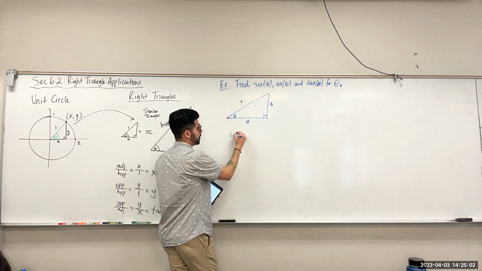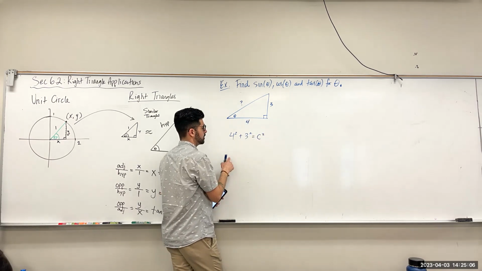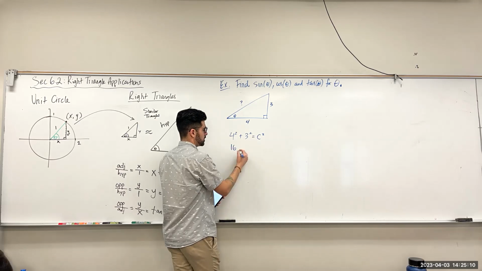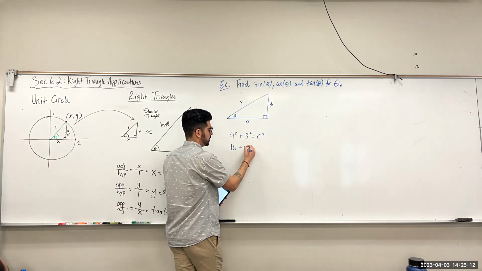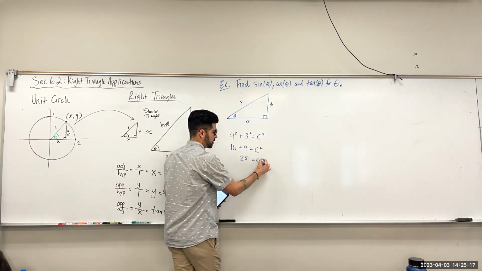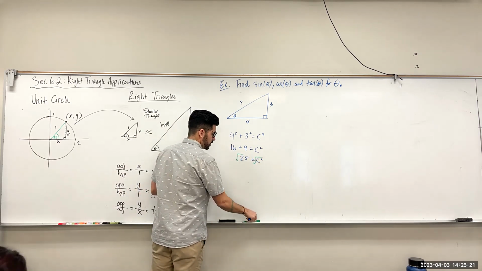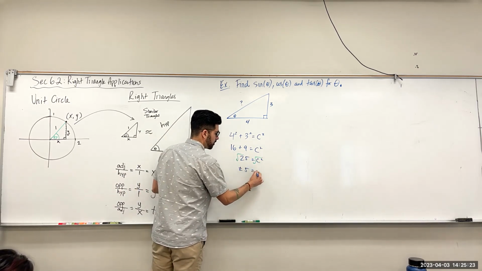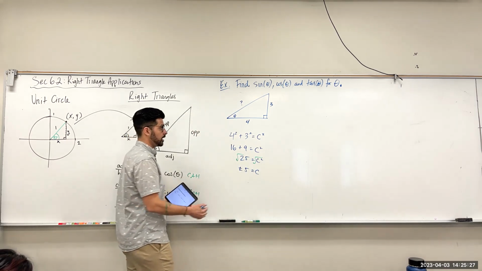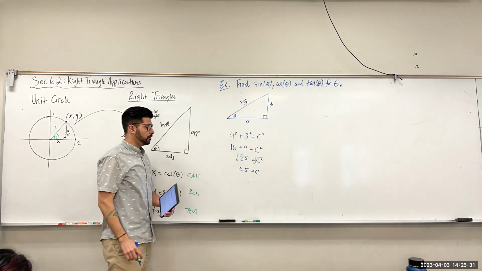So it should be 4 squared plus 3 squared equals my hypotenuse squared. 4 squared is 16, plus 9, that's 25. Square root both sides. Plus or minus 5, but here c represents a length, a distance, so it's going to have to be 5.